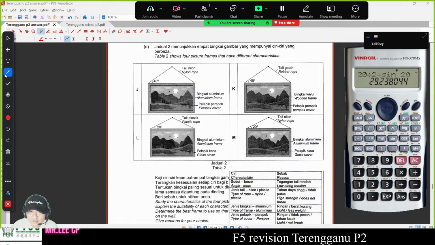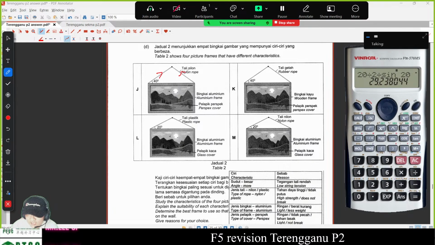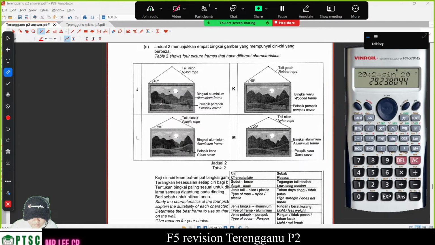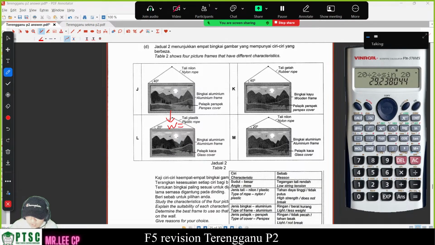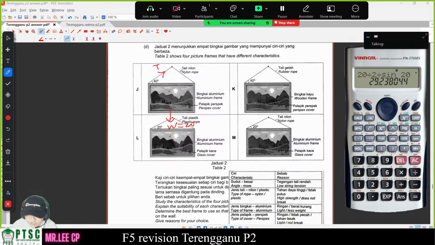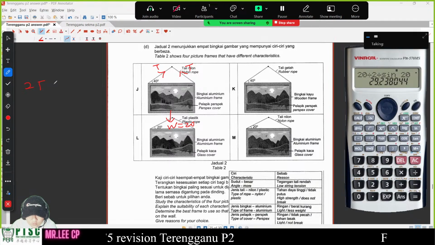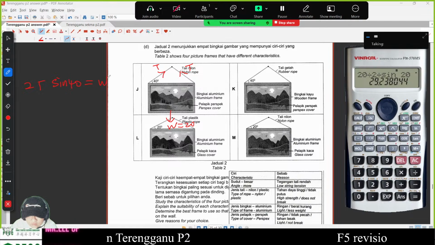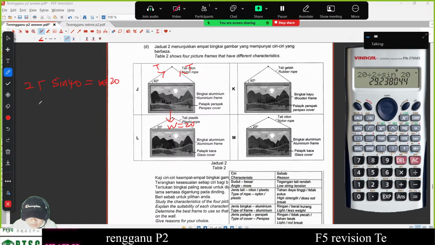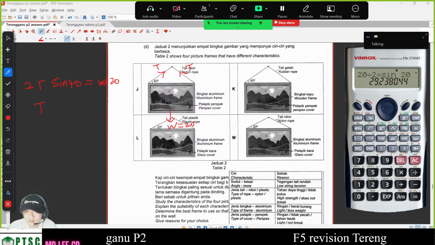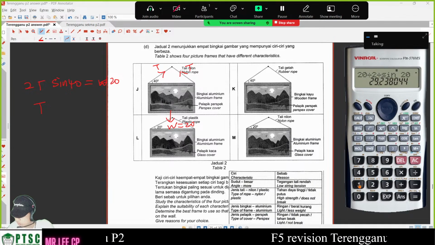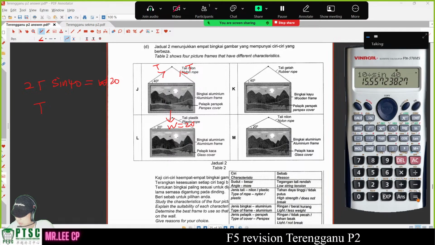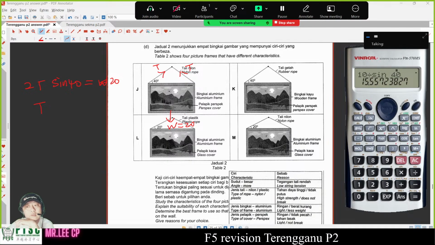How about this one? Let me calculate. Wait, this is W, right? Let's say W is 20. This is T, this is T. Right, 2T sine 40 is equals to W, which is 20. T is 20 divided by 2, it is 10, divided by sine 40. 15. Smaller, huh?